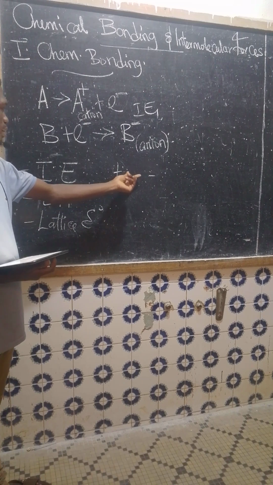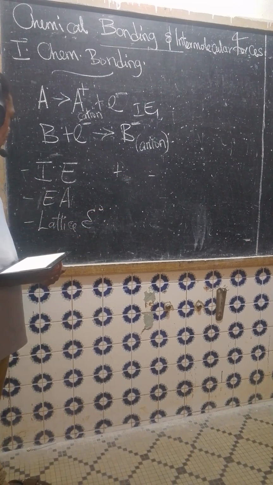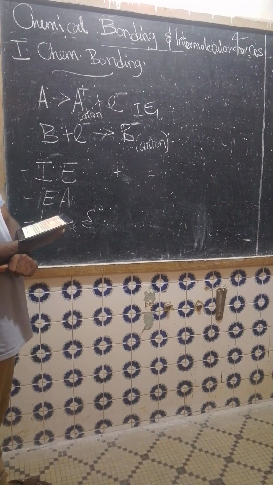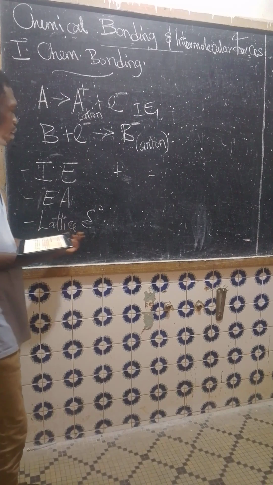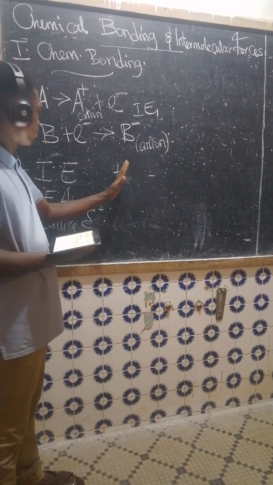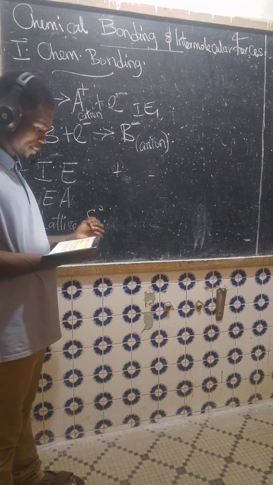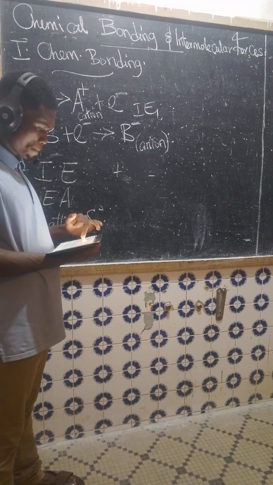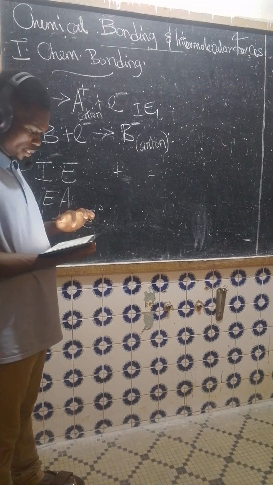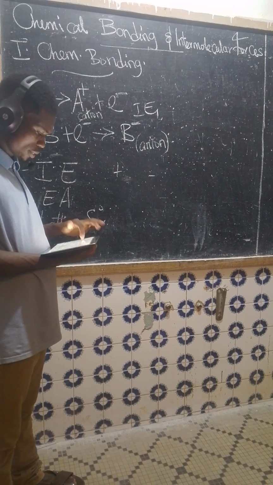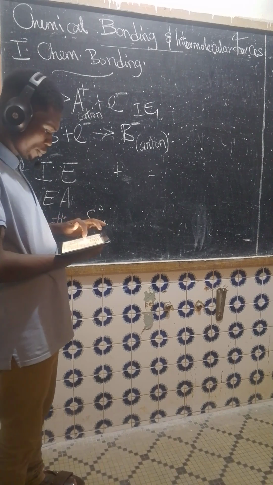Lattice energy is the energy between them, so it is also one of the factors that will affect the formation of ionic bond. You can't talk about lattice energy in other kinds of bonding. It's only ionic bond that has lattice energy. I think that's all the factors that will affect the formation of ionic bond.